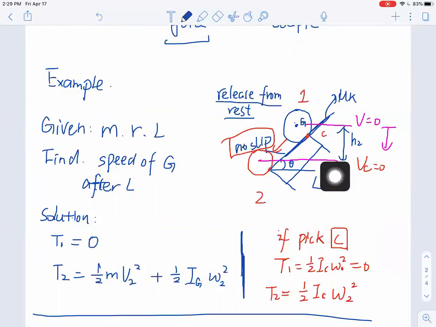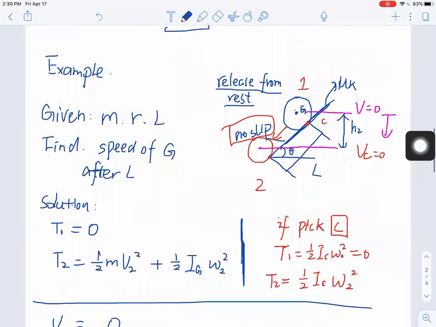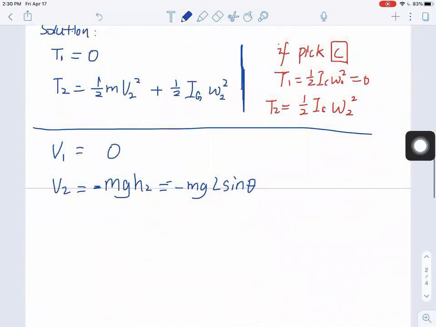And then I want to ask you, what's the work done by the friction force in this problem? So I can tell you, let's write it down. U nc 1 to 2.